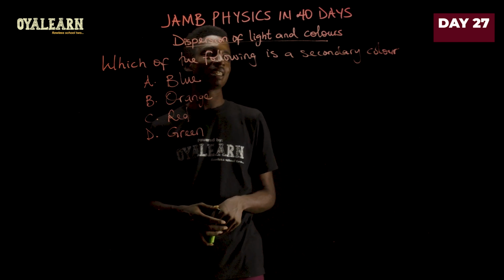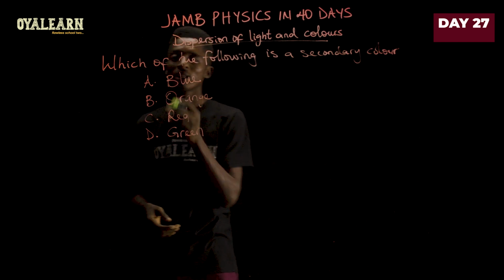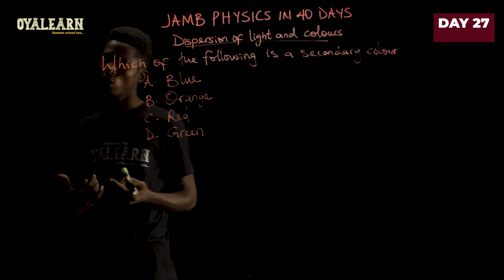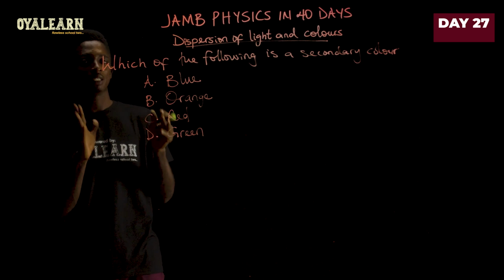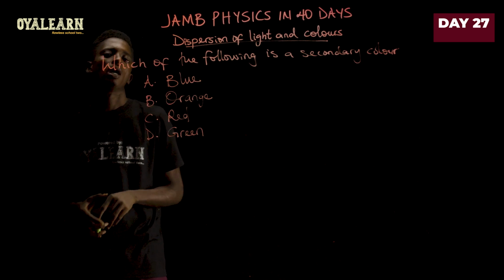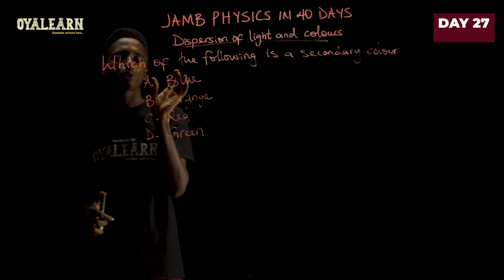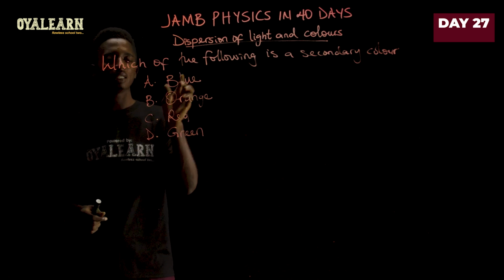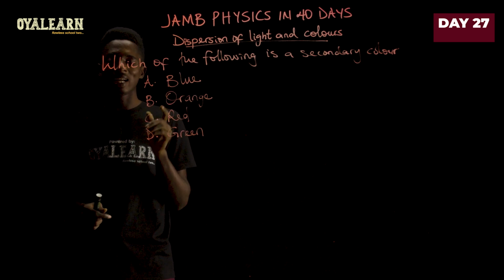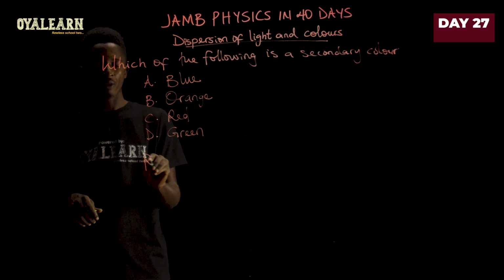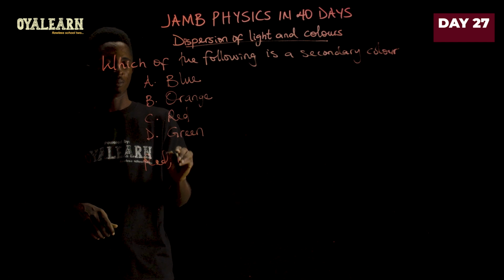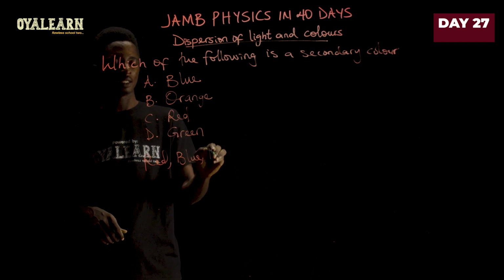Which of the following is a secondary color? Now, to get a secondary color, you have to mix two colors, and it can be primary and primary, or primary and secondary, to give you secondary colors. In this case, we have options A, which is blue, B is orange, C is red, and D is green. Now, the primary colors of light are red, blue, and green.